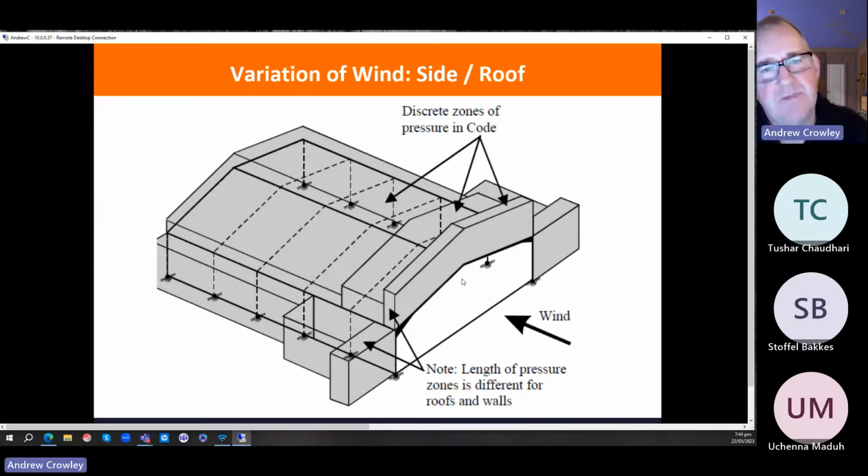So if you look at a 3D model of that, you will have discrete pressure wind zones over your building. So your maximum wind zone, your maximum pressure, is closest to the direction of the wind. As you move further away from the direction of the wind down the building, then the wind pressure coefficient diminishes. And this reflects the experimental data as well.